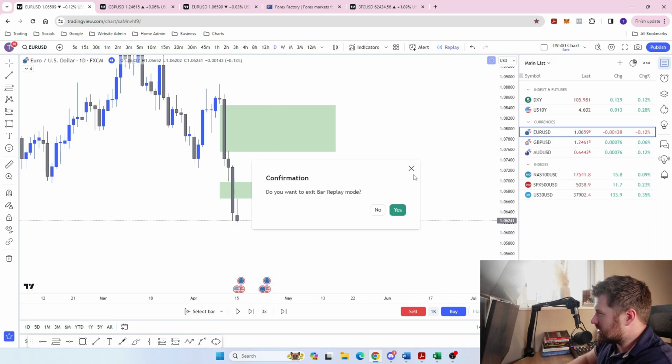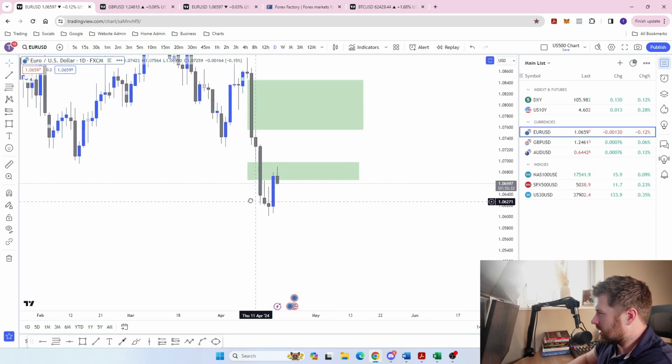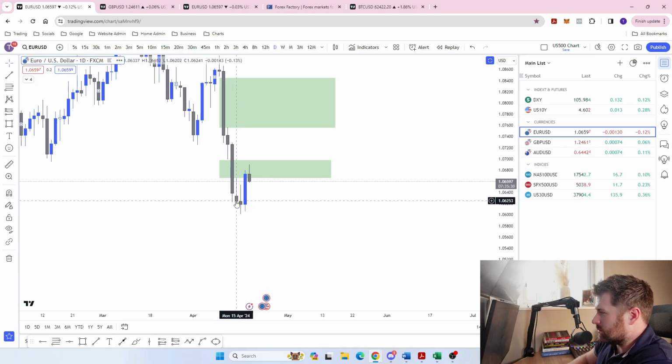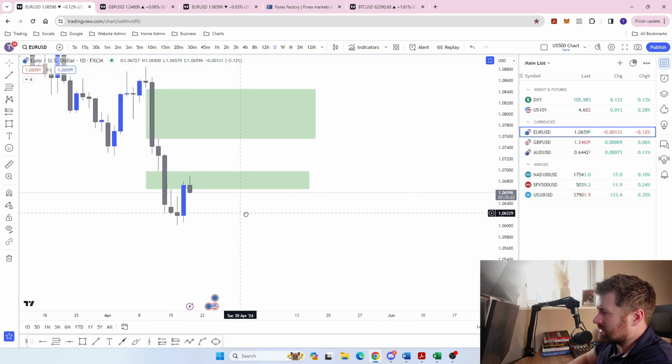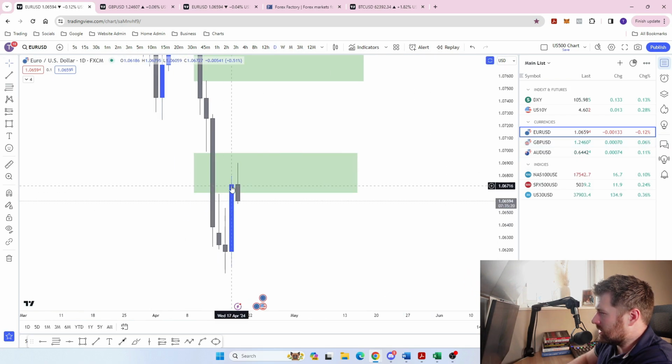So once that essentially happened, you can see here, okay, price did this on Monday. Tuesday, it was just a bit of a nothing day. Wednesday, we had a lot of volatility in the market, pushing up here. And then today, if we zoom a little bit closer in, you can see price pushed into this imbalance, swept above yesterday's high, and then is now dumping to the downside.